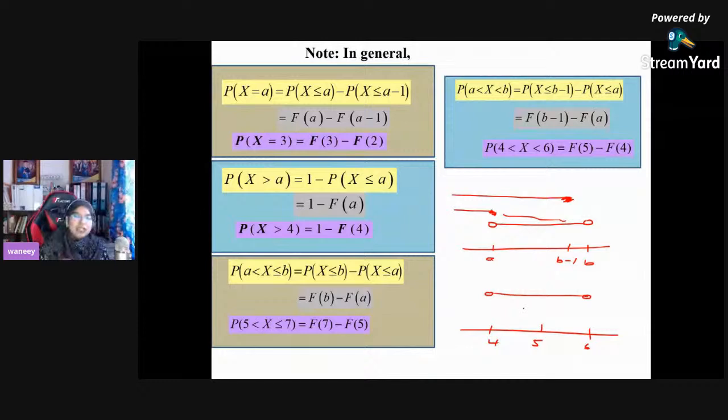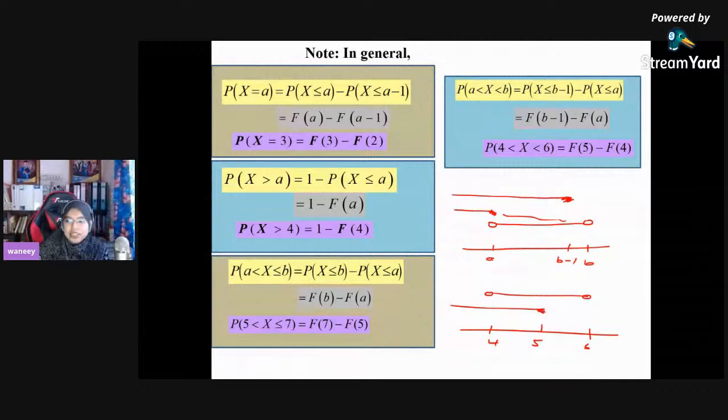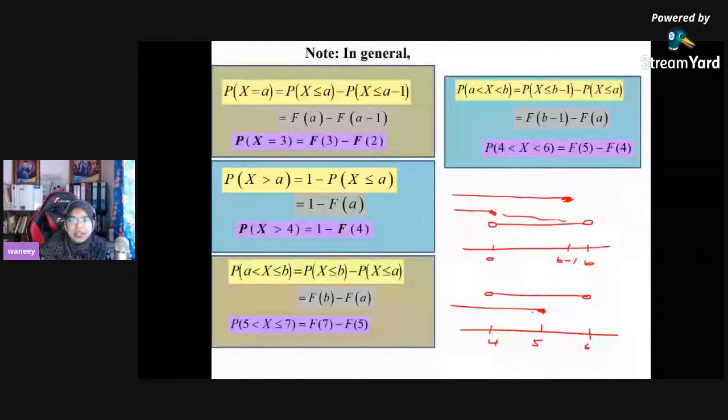The cumulative always has the equal sign, so whenever you start from the left hand side, always go until the equal sign. So I will start from the left hand side and stop at 5. Why I didn't stop at 6 is because I don't need the 6, I need the 5. And then I don't need 4, so that is the number that I should reject. So kita akan dapat kawasan tu je lah nanti.